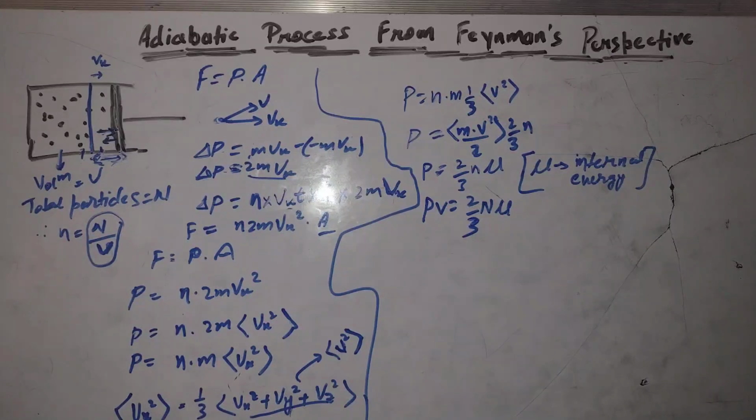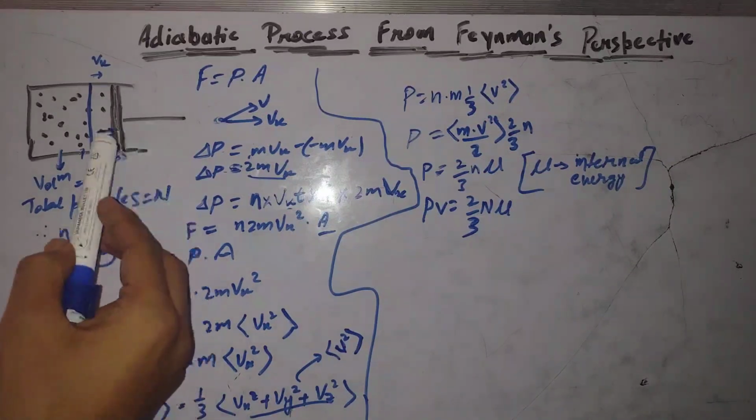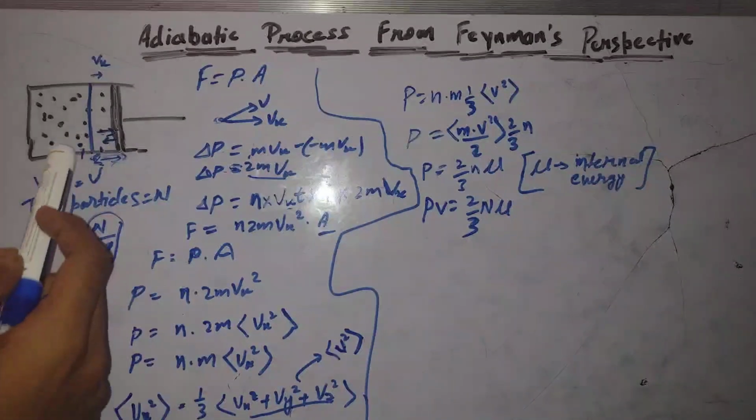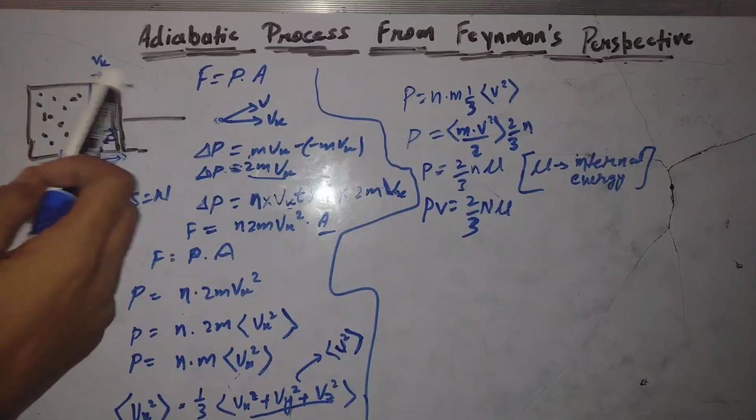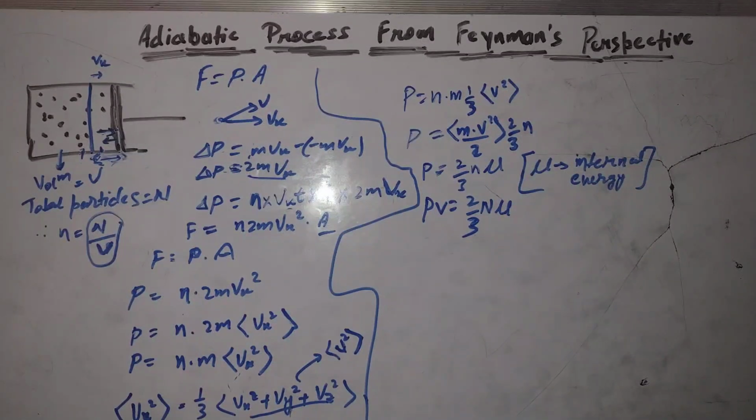Now if the walls of this container are, let's say, adiabatic, then all the energy will be converted into the energy of molecules, because in adiabatic conditions no heat will leak through the system. But if this is not adiabatic, when you compress the piston, the molecules will gain random motion and hit the walls of the container.